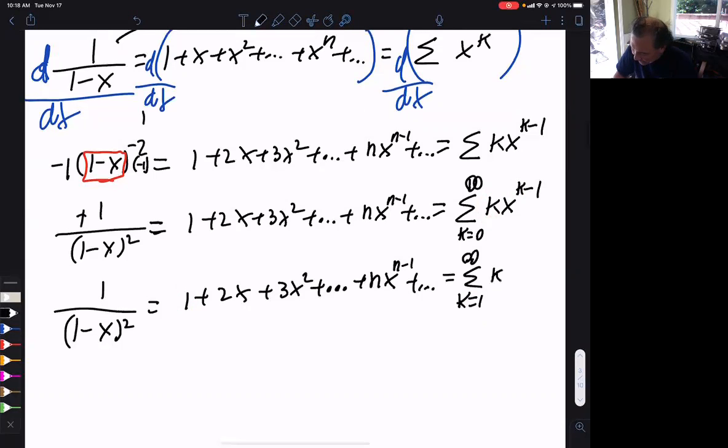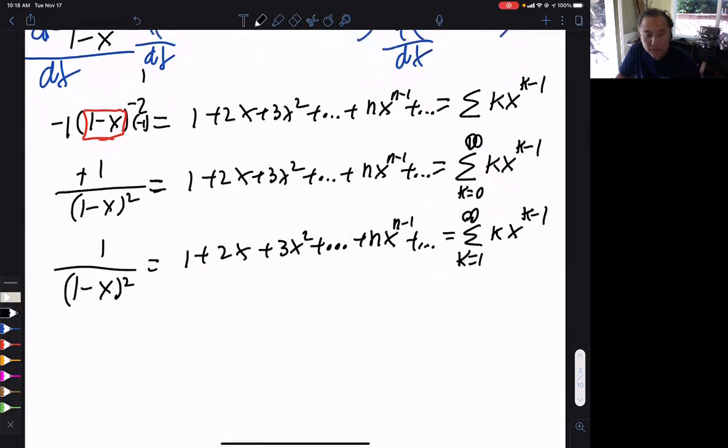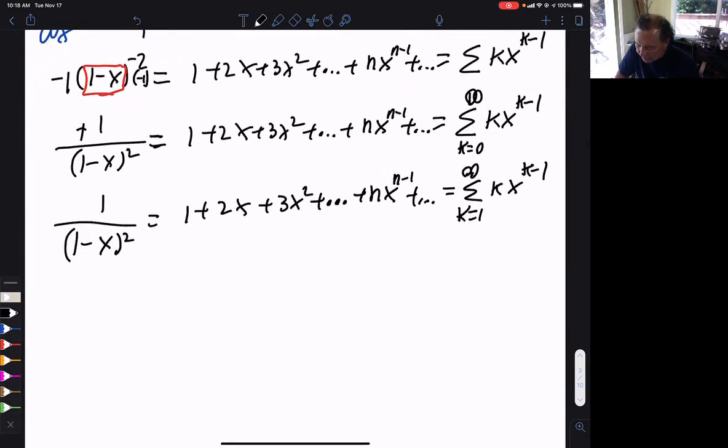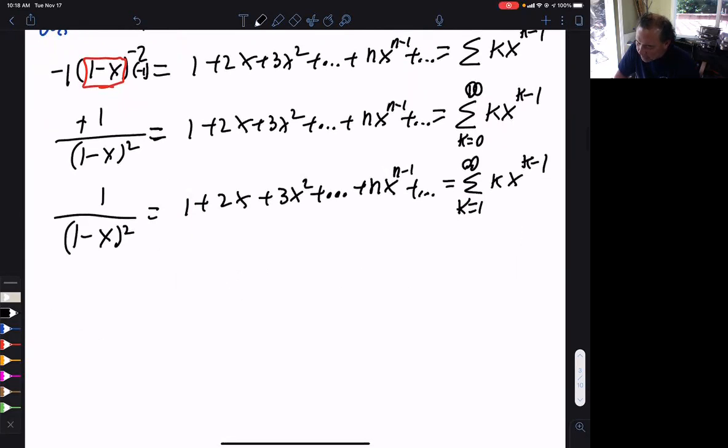But I'm going to show you something else here. Someone might say, but I don't want to start at 1. I want to start at 0, because the original started at 0. I don't want to change it. So you could start at 0 instead. But if I start at 0, I am starting at 1 less than what I'm supposed to start at.